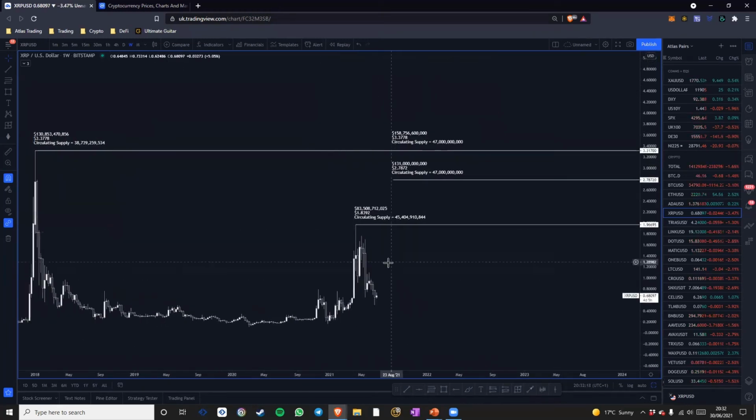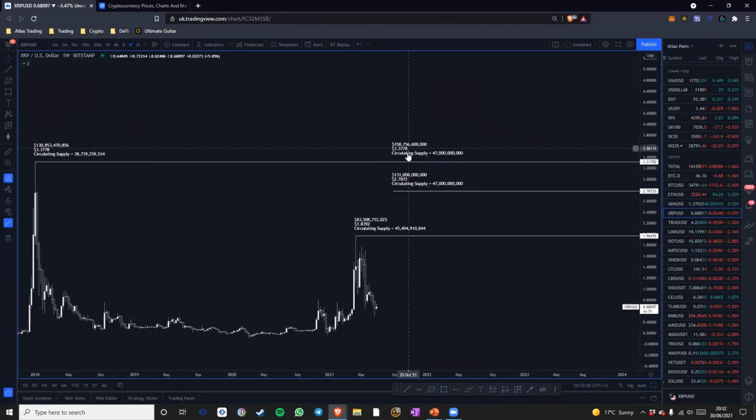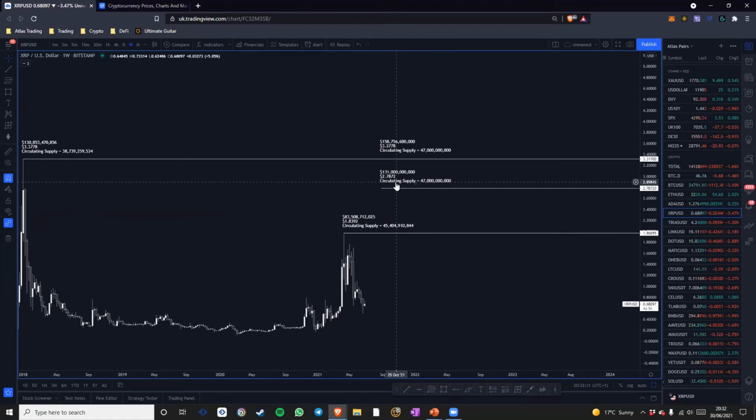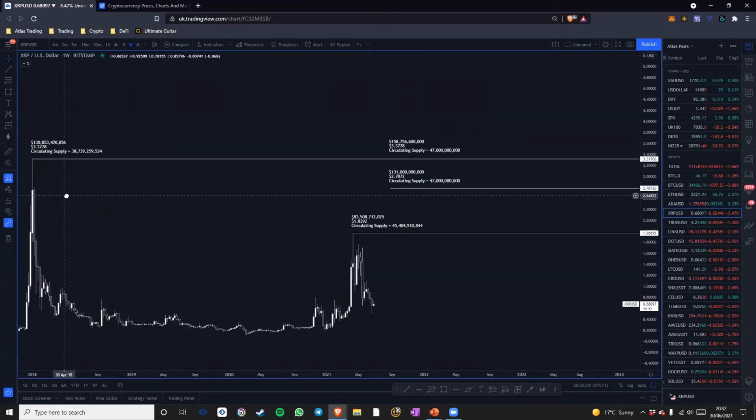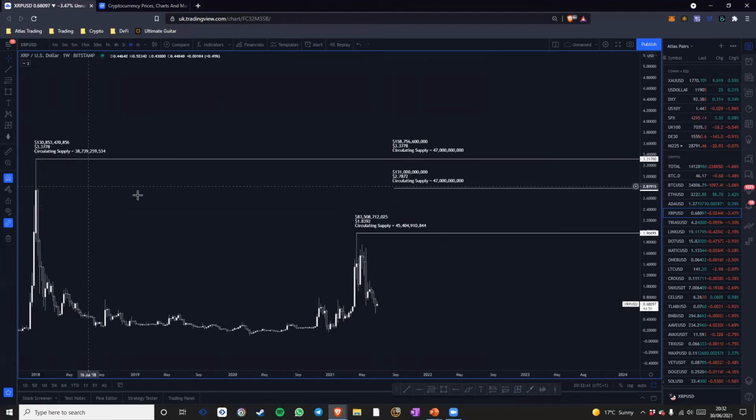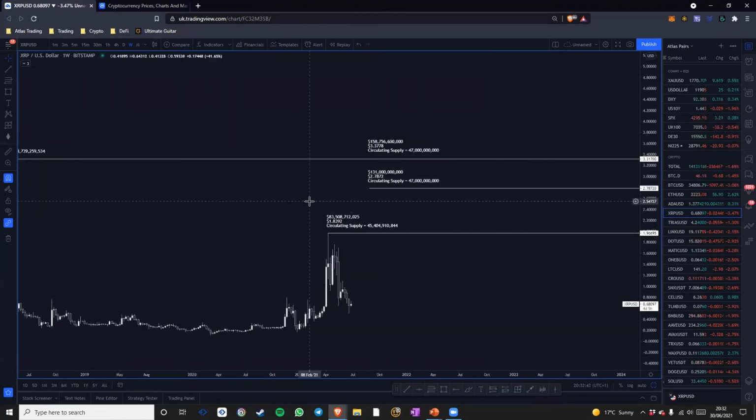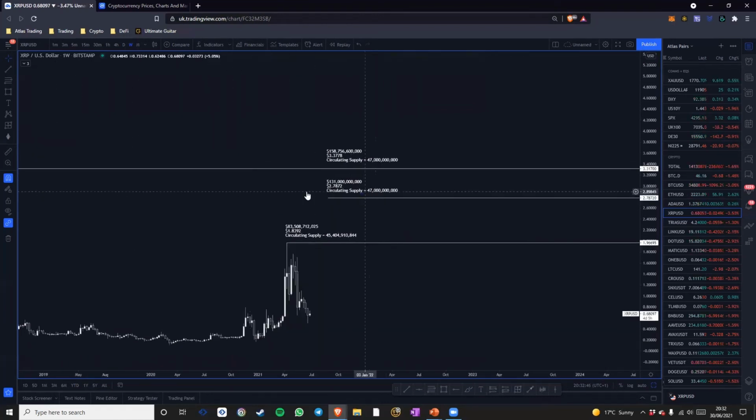And the reason is, if we mirror the market cap, round it up to 131 billion, we've got $131 billion that has been put into XRP. So investors have pumped the same amount of money that was in XRP in 2018. 131 billion, but the circulating supply has now changed.